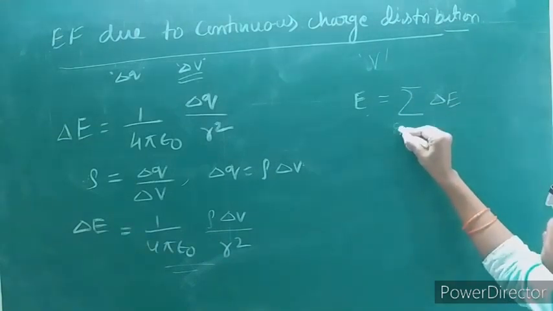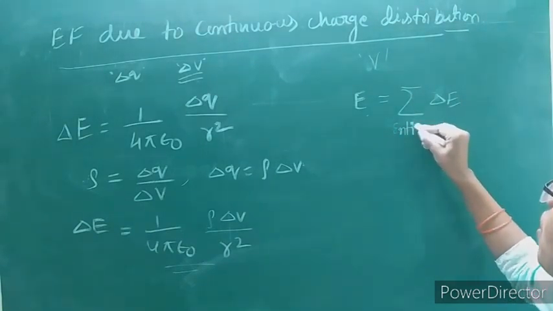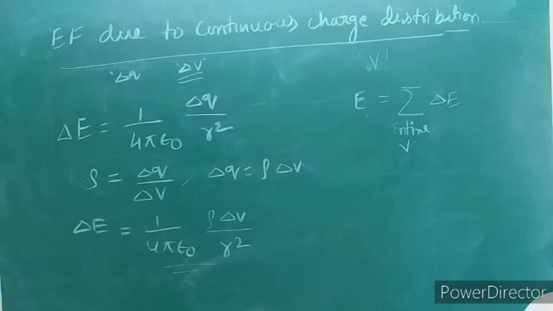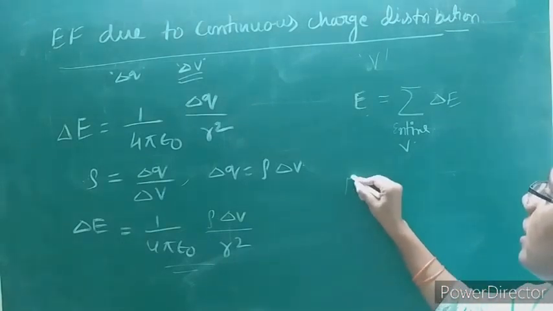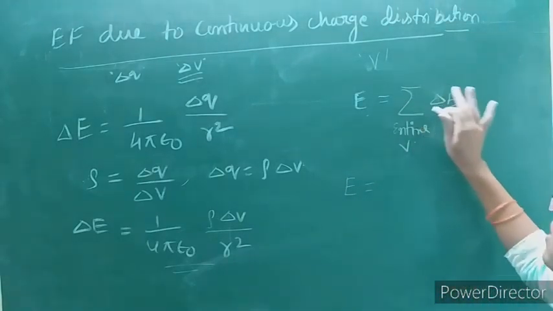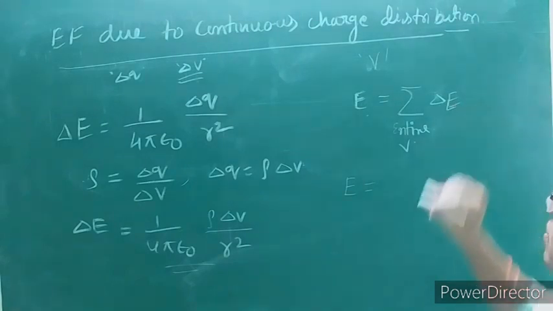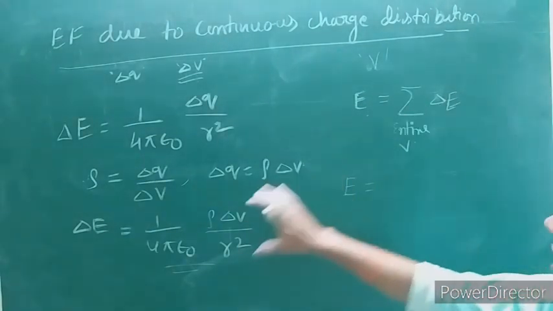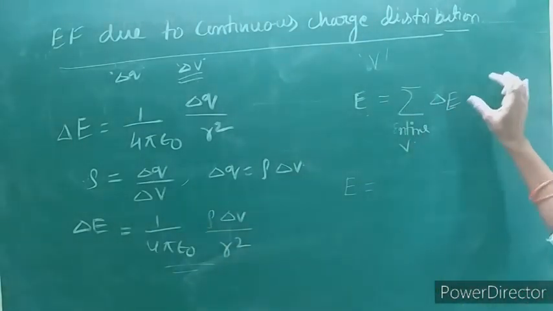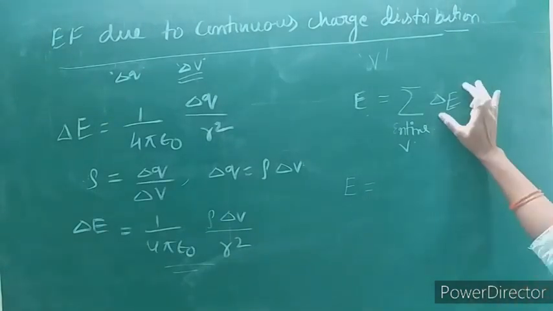So the summation of delta E for the entire volume. Okay, so we can write E is equal to the summation, where the delta E value is 1 by 4 pi epsilon naught rho delta V by R square.